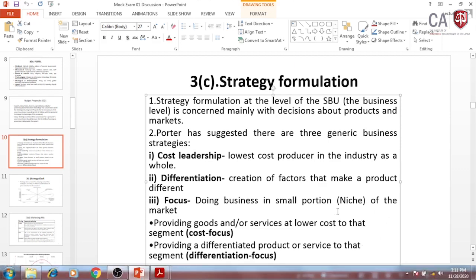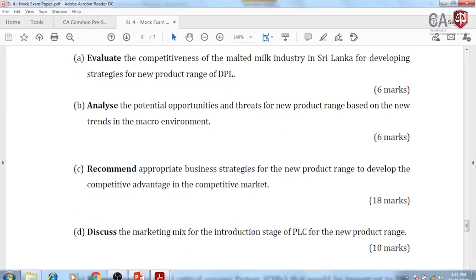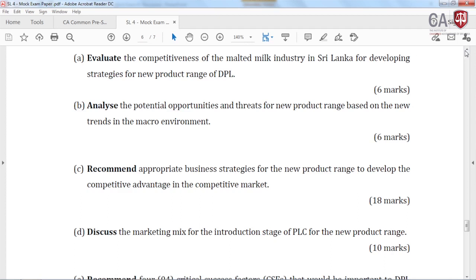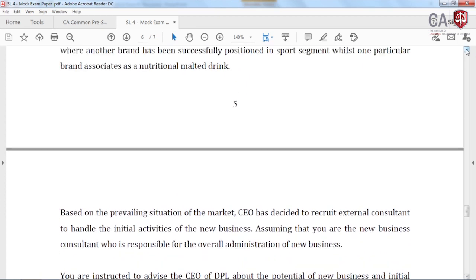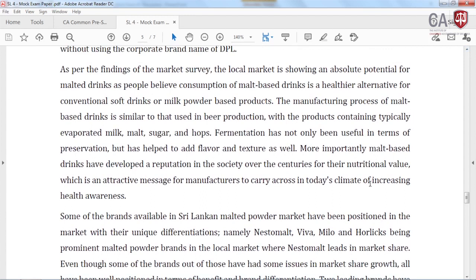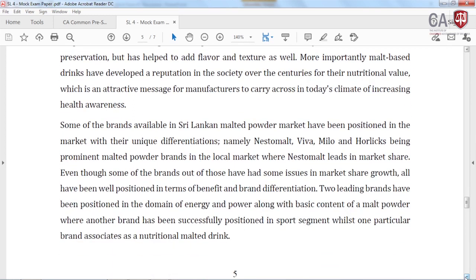If you look at it from the existing players' point of view, some of the brands available in the Sri Lankan malted powder market have been positioned in the market with their unique differentiations.